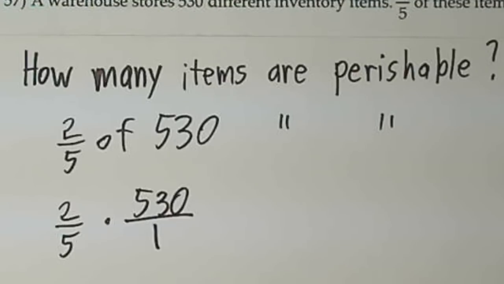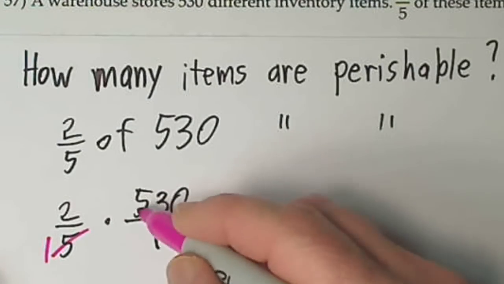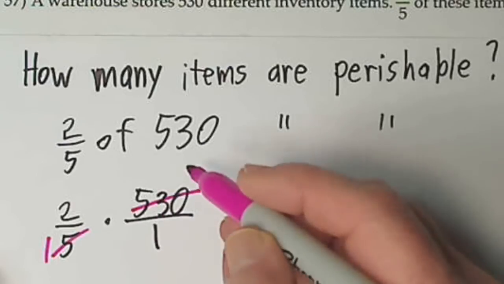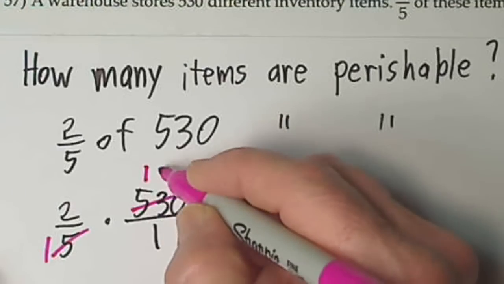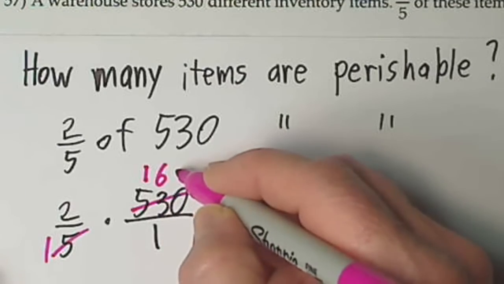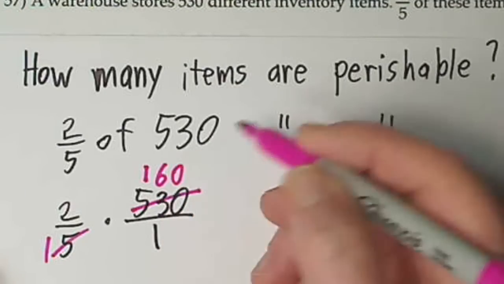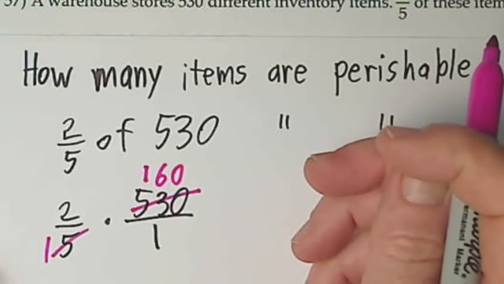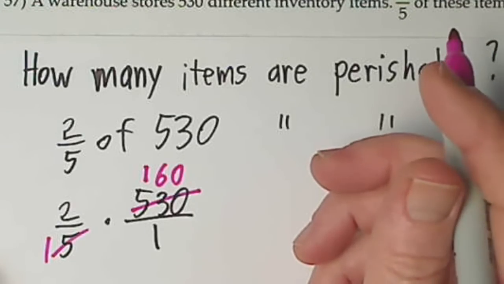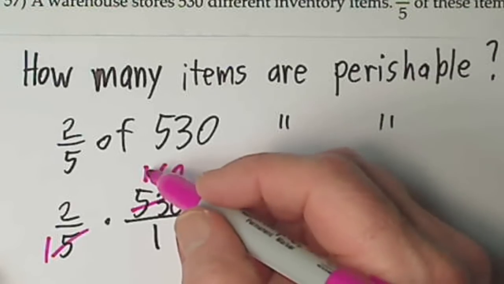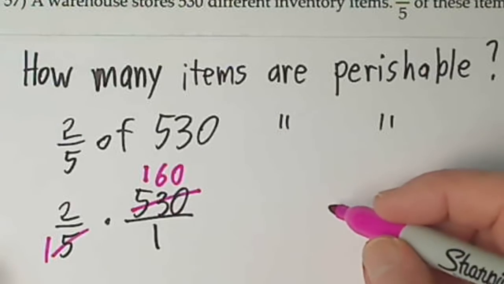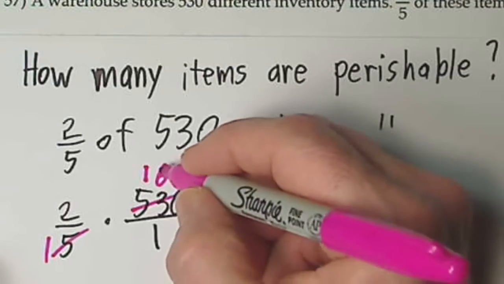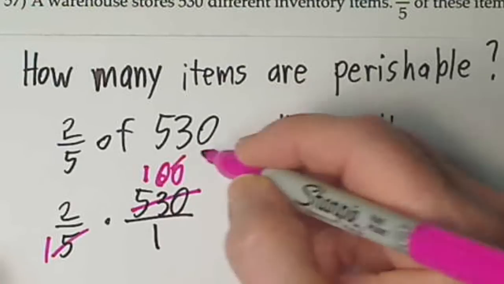And we will certainly reduce where we can. 5 goes into 5 once. 5 goes into 530 times? Is that going to work? No. I better check off this side. That doesn't sound right, does it? Oh, 106 times. That's what it is.